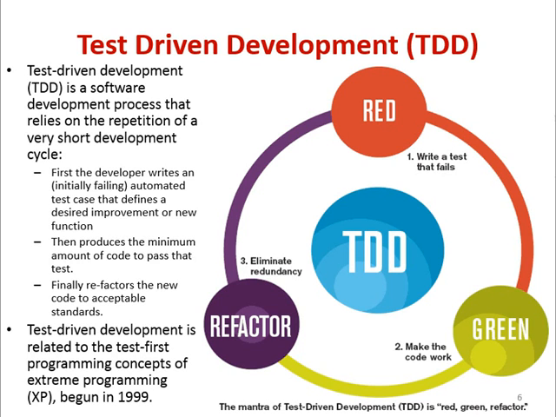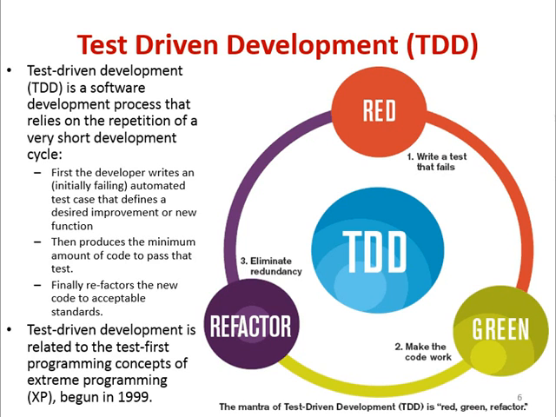Now in the traditional approach, what exactly do you do? You do the coding, the test cases can be written parallelly or sequentially, and finally you do the testing. But here in TDD, you write the test case first, keeping in mind that it will fail because you don't have the code for it. Then you do the coding, making sure that you write only the code required to pass that particular test case.